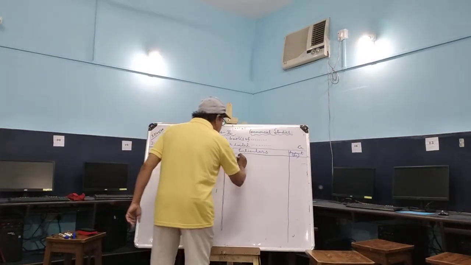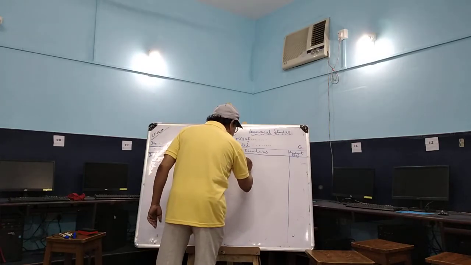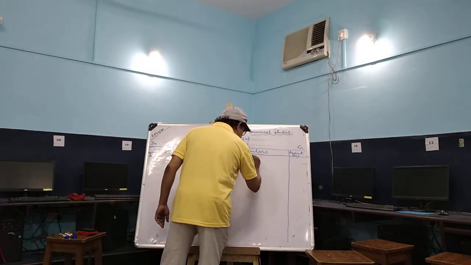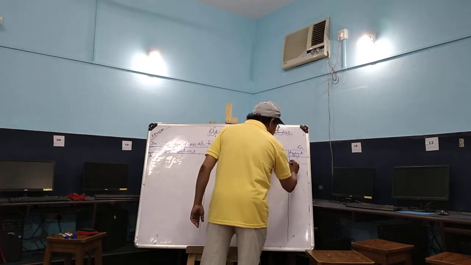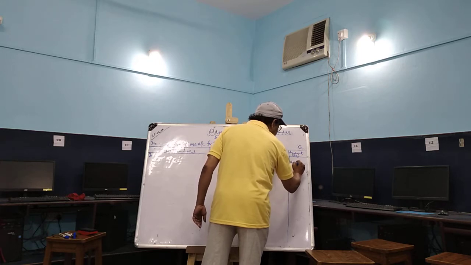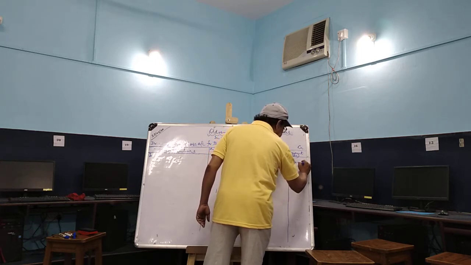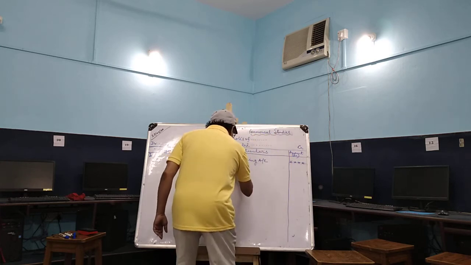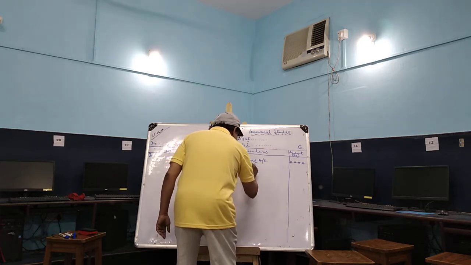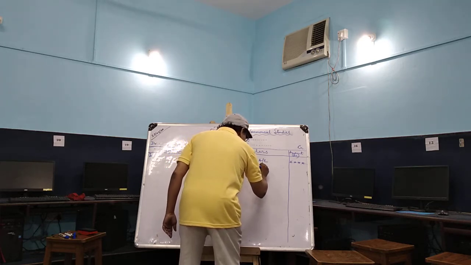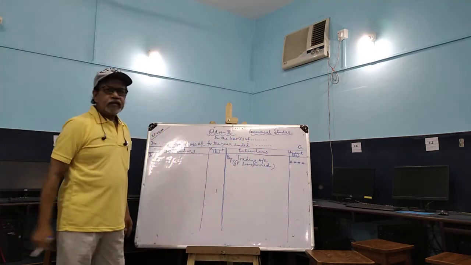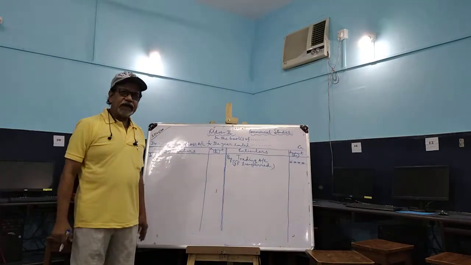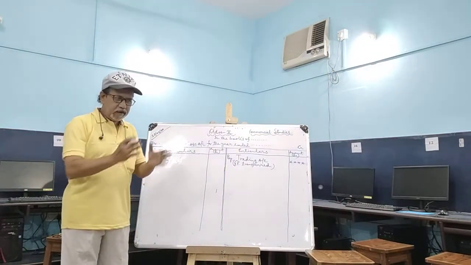So right here, By trading account, and bring the balance here. The amount of gross profit you bring here. Within brackets you write gross profit transferred. Okay, the double entry is completed.